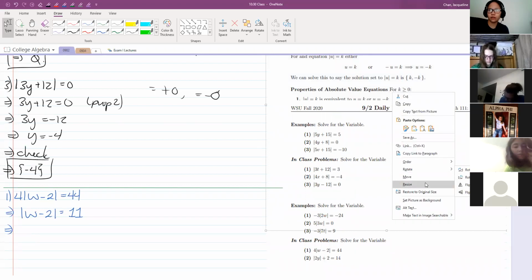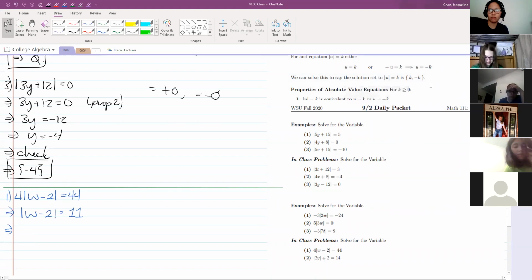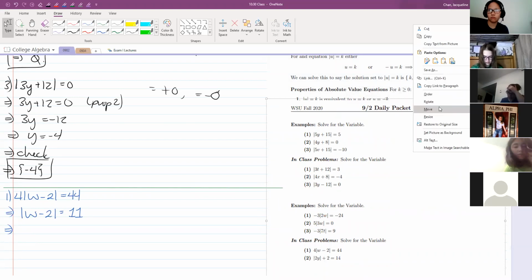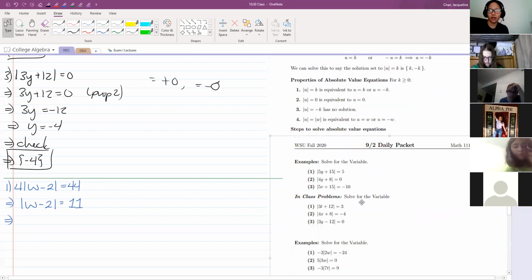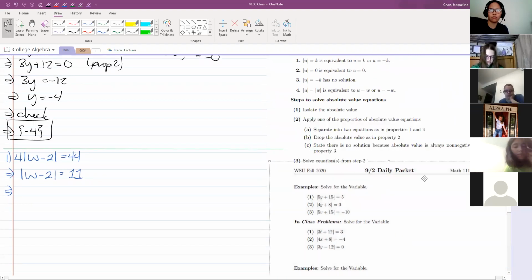Yeah, perfect. You guys can also have this pulled up, because I also provide it. So for property 1, if I wanted to rewrite this, what do I write?